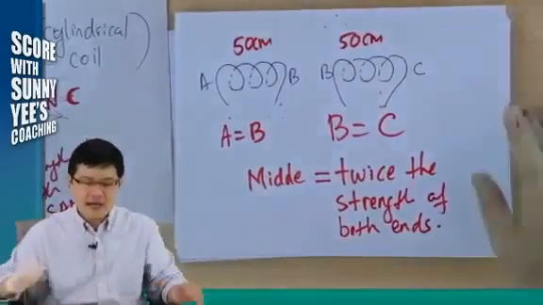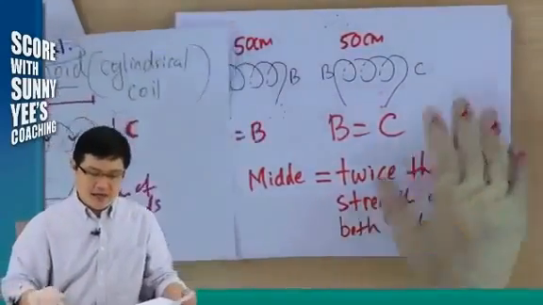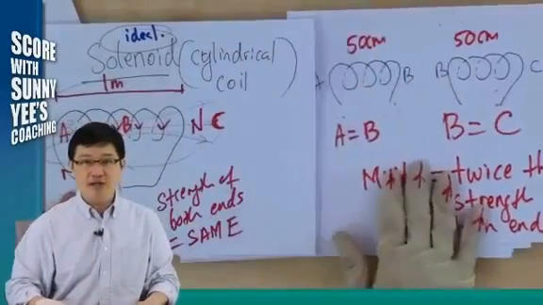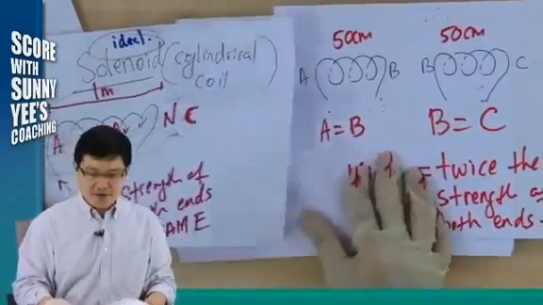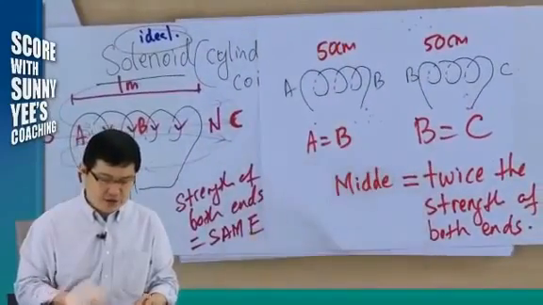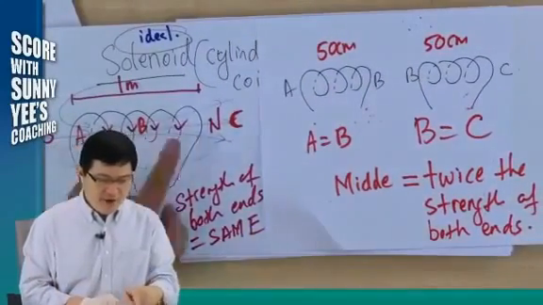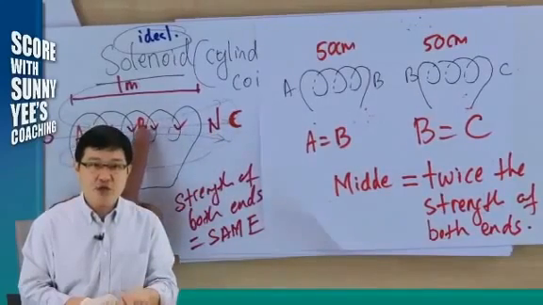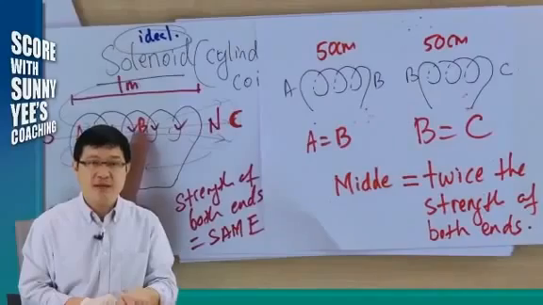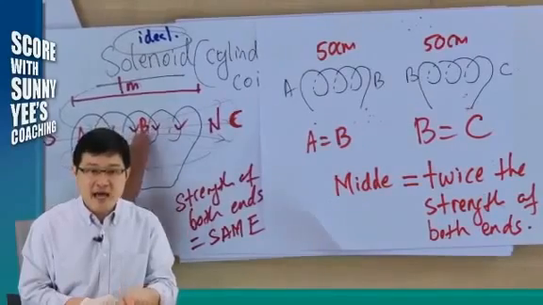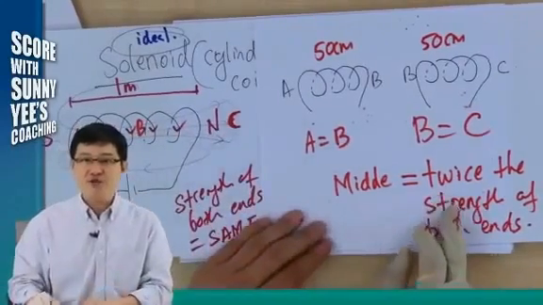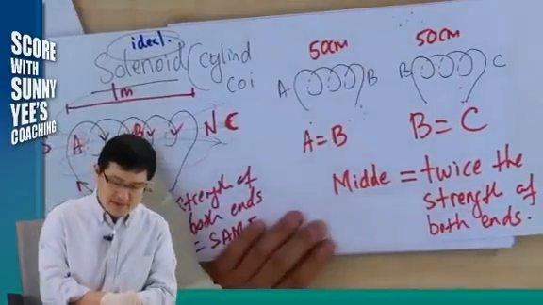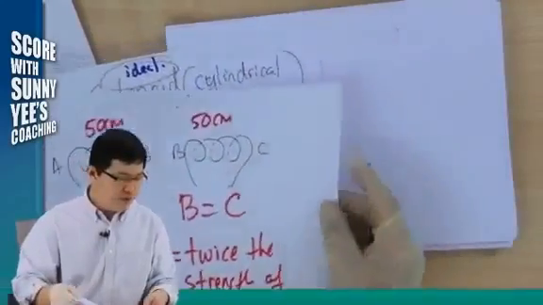So in the simple solenoid like this, the conclusion is that number one, both ends have the same strength. Number two, the middle of the solenoid is the strongest magnetic field because it has the strength of both sides. It has both. Double.